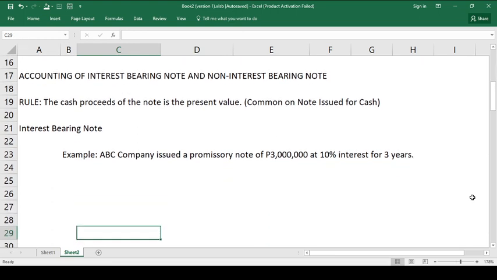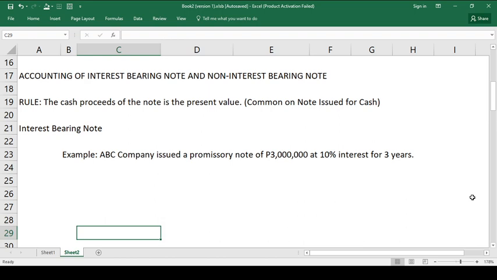First rule that we need to determine is that the cash proceeds of the note is the present value. This rule is commonly applicable to notes issued for cash. Take note, this rule is applicable to notes issued for cash. Ibig sabihin, the present value of the note issued for cash is the cash proceeds, or the cash received by the issuer of the note.